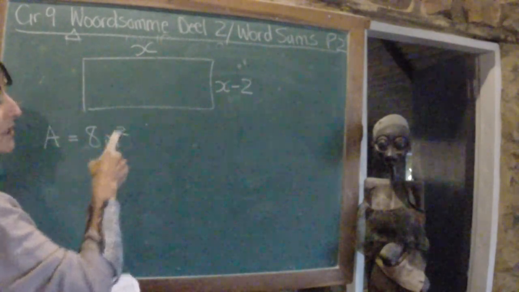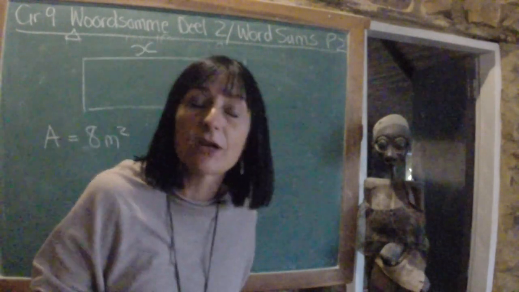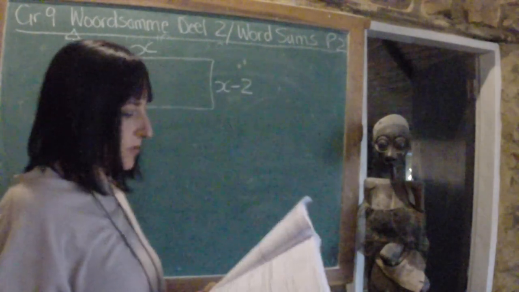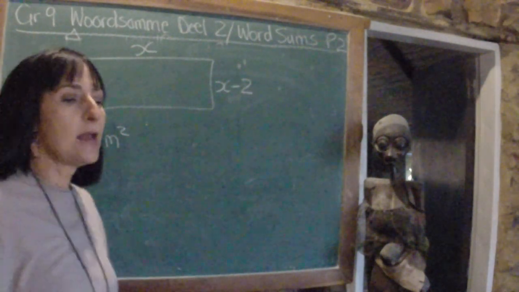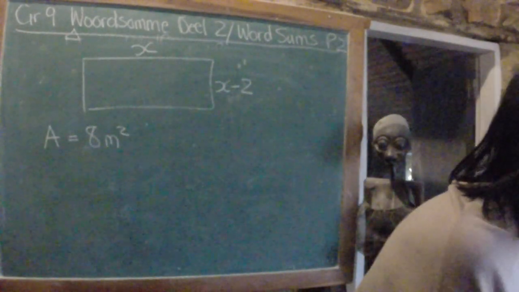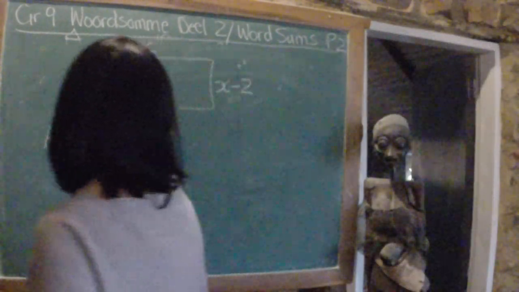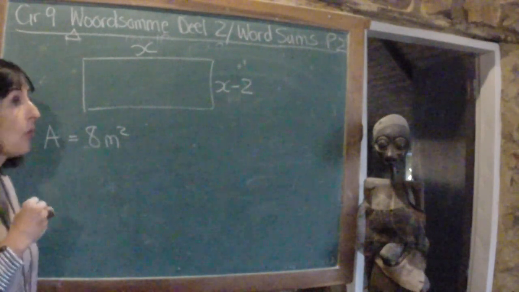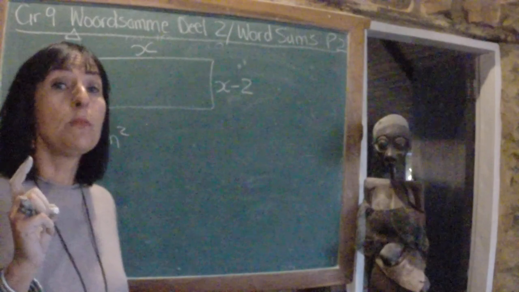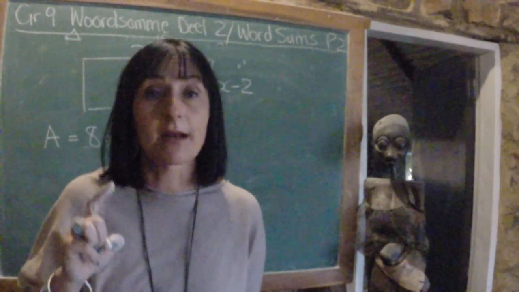Wanneer ons met veranderlikes werk, moenie eenhede bysit nie, want dit maak mens te mekaar. So now they ask, give or calculate the length and the width of the rectangle. Werk die lengte en die breedte van hierdie reghoek uit. Nou, om dit te kan doen, het ek nodig om die formule van die oppervlakte van 'n reghoek te ken.